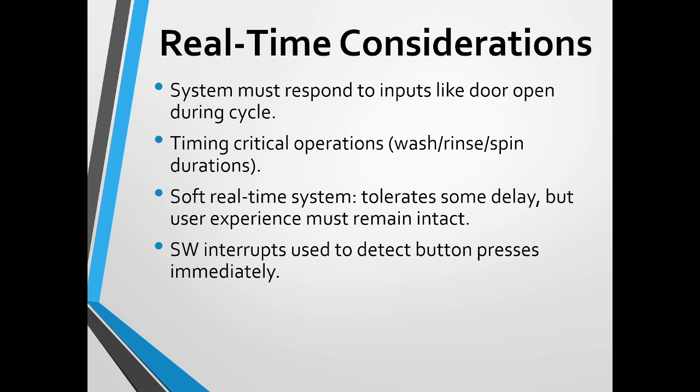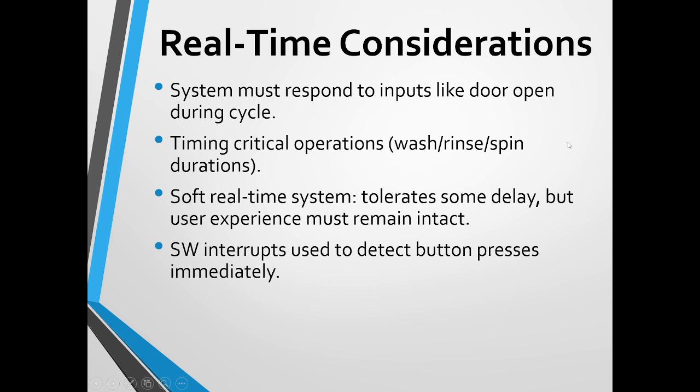So, the real-time considerations are: the system must respond to inputs like door open during the cycle, means the system must be able to respond to the door open status. Then timing critical operations like wash, rinse, spin durations. Then soft real-time, a delay is acceptable, but user experience must remain intact.